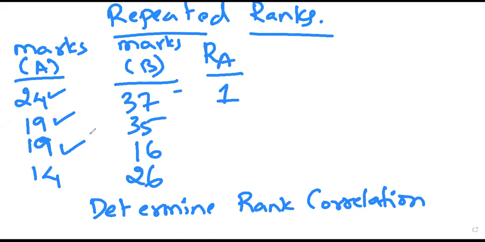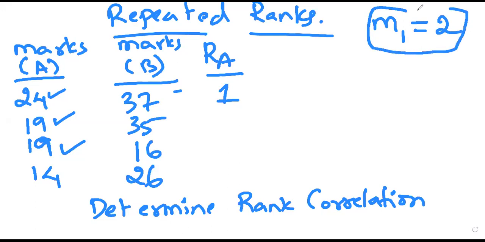Since this value repeats twice, we consider m1 equal to 2.